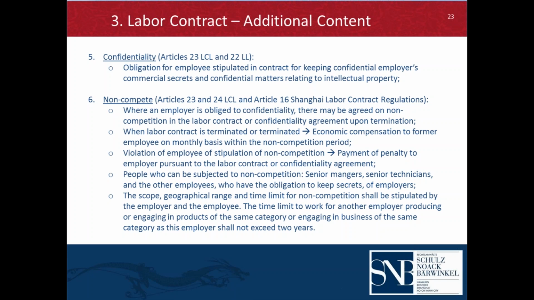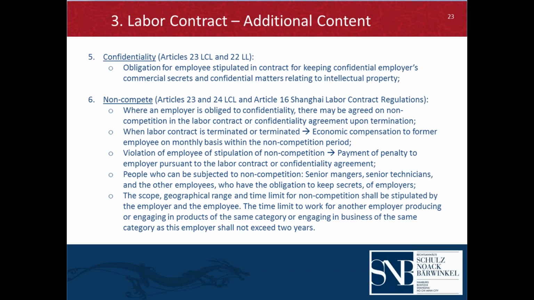So here you have to be very careful to make sure that you have a valid non-compete clause, because this clause could be invalid if you haven't drafted it according to the laws and regulations.